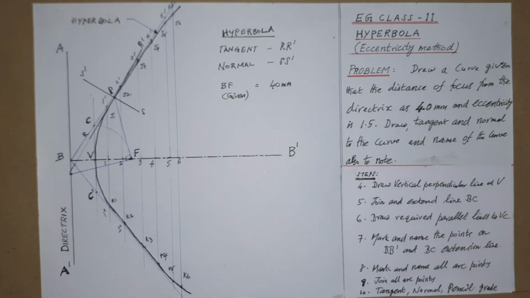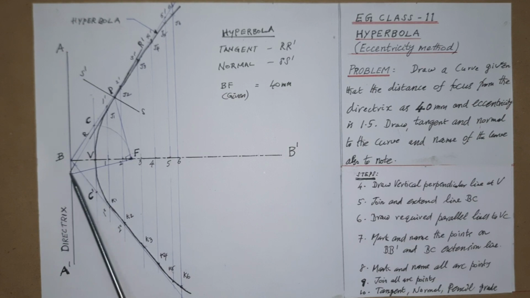Next, as per step 10, tangent and normal are to be drawn. Similar to the last problem, first select a point P at any place on the curve, and then join P with F, which is already known. After joining this, draw a perpendicular line from F to the directrix.